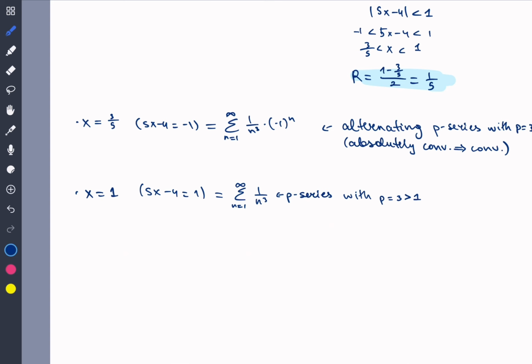So both of the points will be included in the interval of convergence, which I'll write down now. And as you see, this implies that the interval of convergence is equal to closed brackets from 3 over 5 to 1. And finally, we're done.